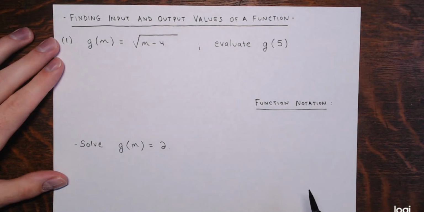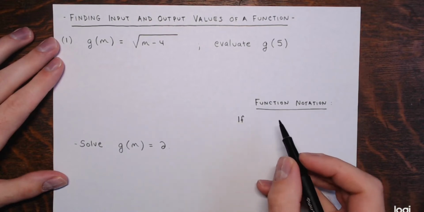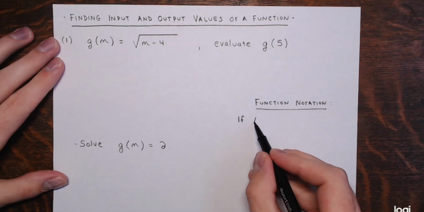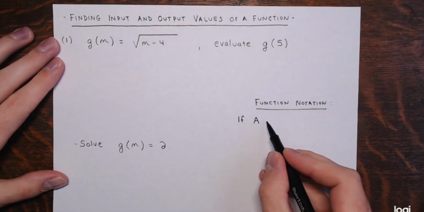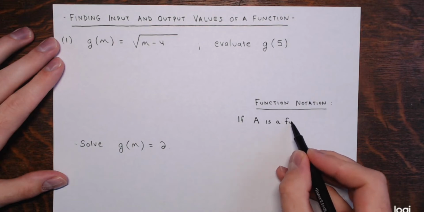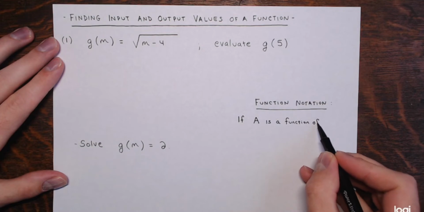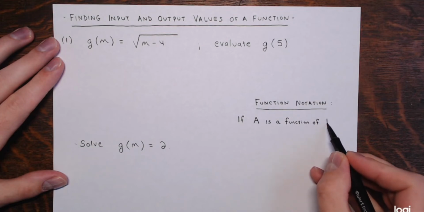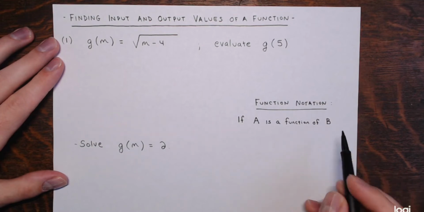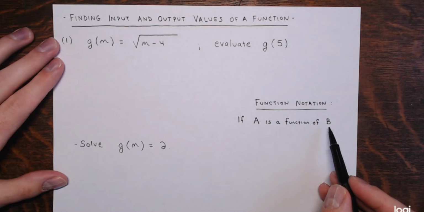Alright, so say if a quantity A is a function of another quantity B. Now I talked about what this meant in a previous video on determining if relations represented functions.